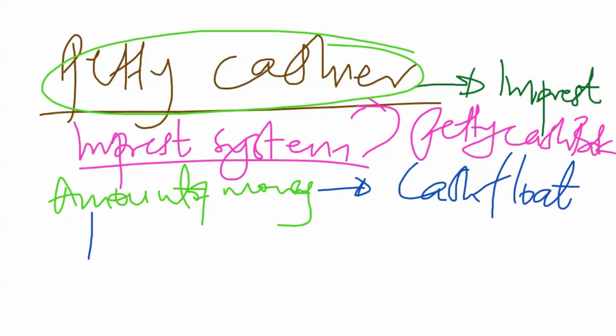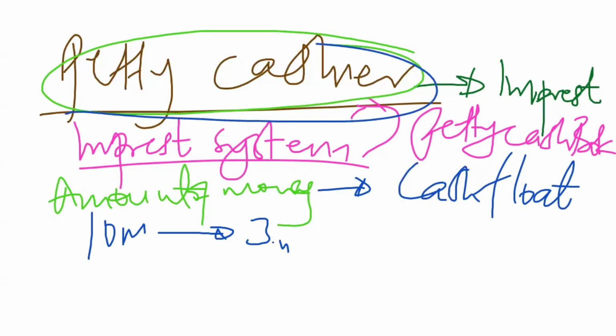They can give you, let's say, 10 million, but you might spend it over maybe 3 months, depending on the small petty expenses that you keep paying within the organization. So the petty cashier is just managing the 10 million that was allocated to small expenses. The initial amount of money that you are given is called a cash float.